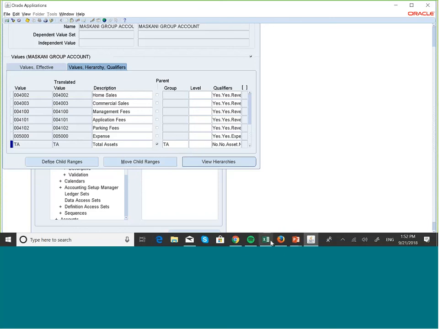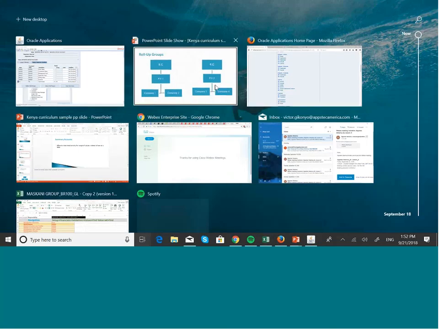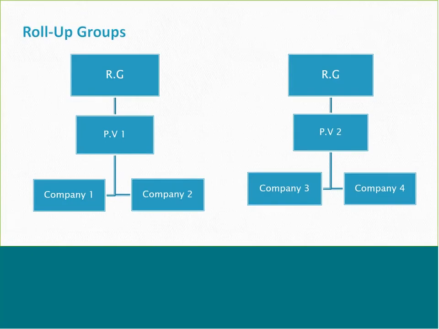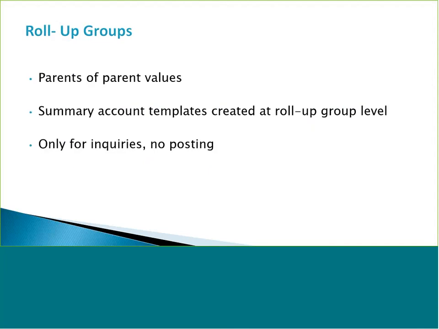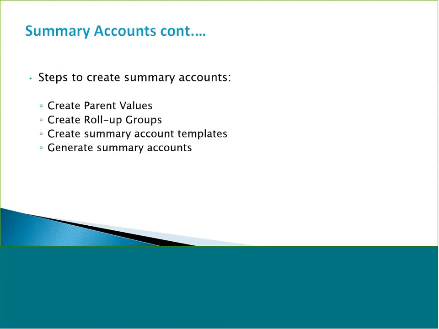All right. So let's go to our slides. So what have we achieved so far? We have created parent values. We have described how they assist us in our ultimate goal, which is to generate summary accounts.